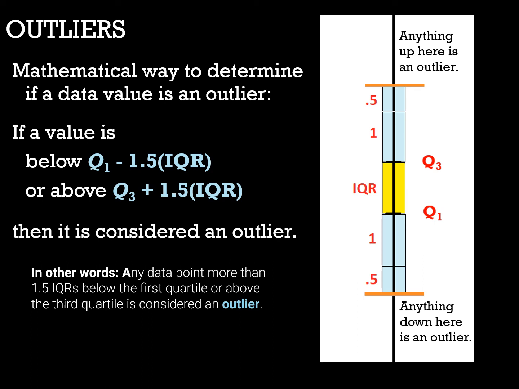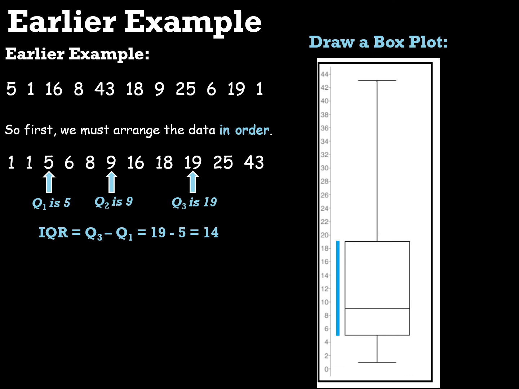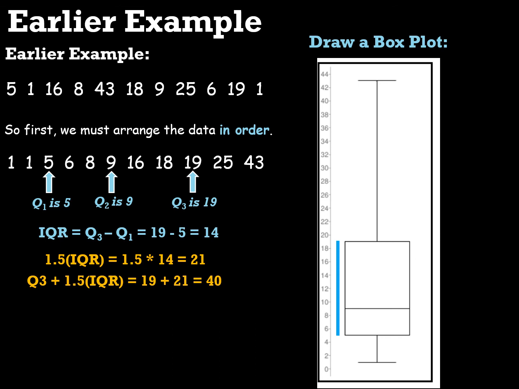Okay, so again here, in other words, any data point more than 1.5 IQRs below the first quartile or above 1.5 IQRs the third quartile is considered an outlier. So going back to our earlier example, if we find the IQR as 14 here in this example, we would take 1.5 IQR to get 21, and add that to Q3.